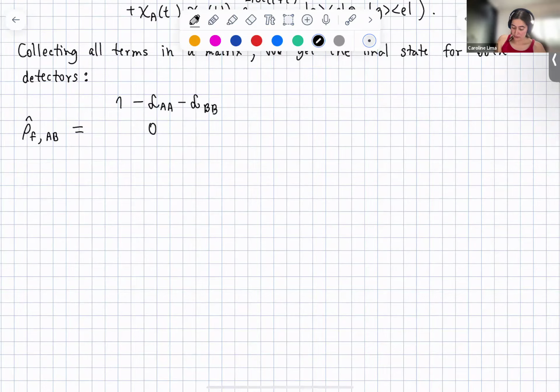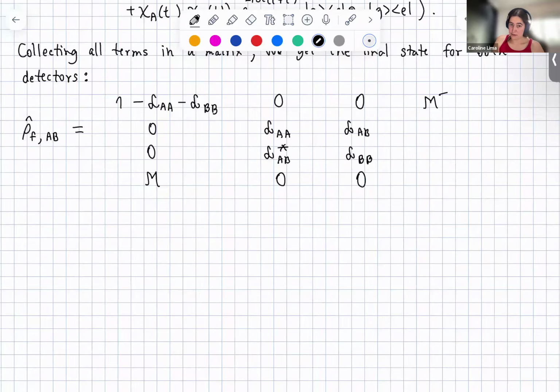Then we have a 0, and then M. Then we have 0, LAA, LAB star, 0, 0, LAB here. Then LBB, 0, M star, 0, 0, 0.